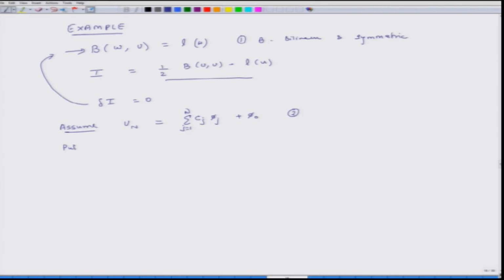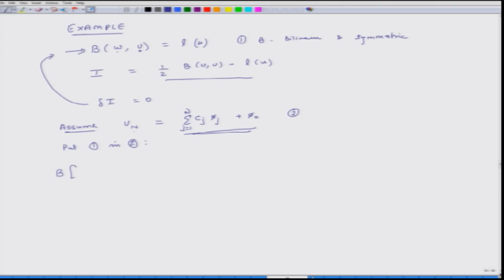So if we put 1 in 2, what do I get? U_n is this entire thing, and W is the weight function.